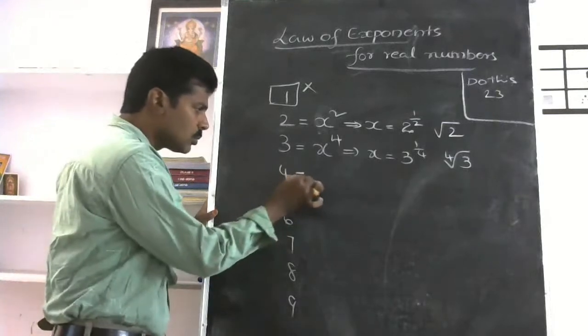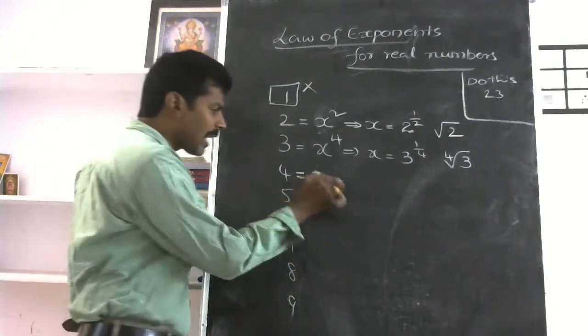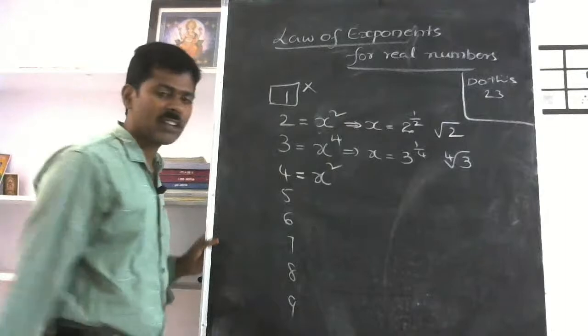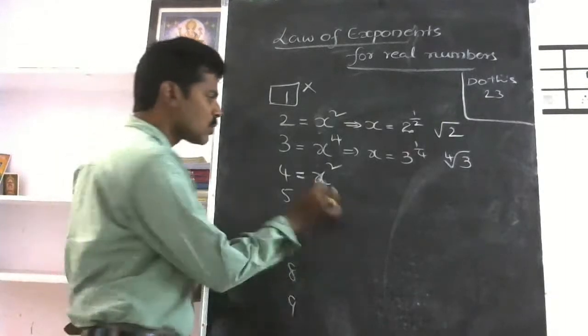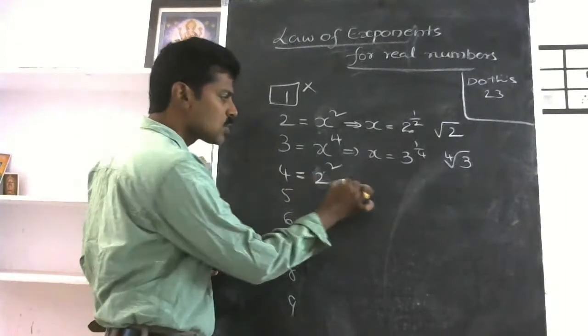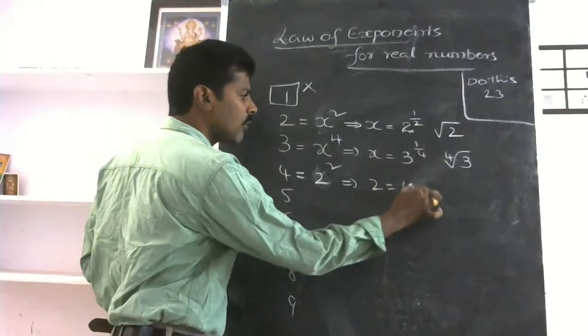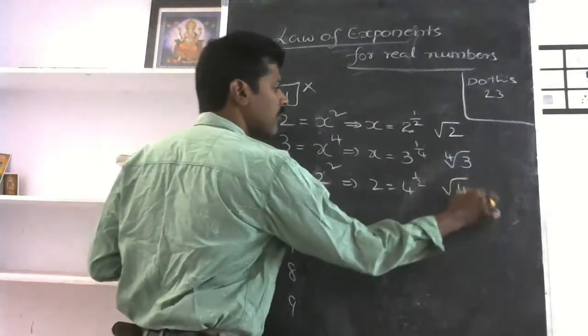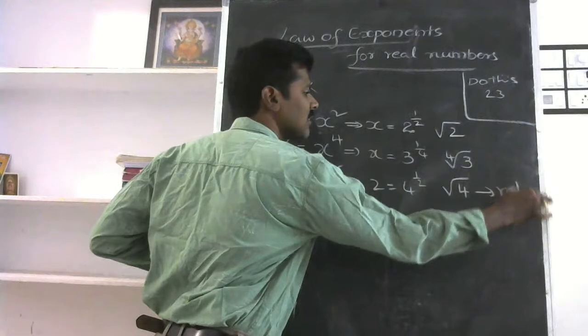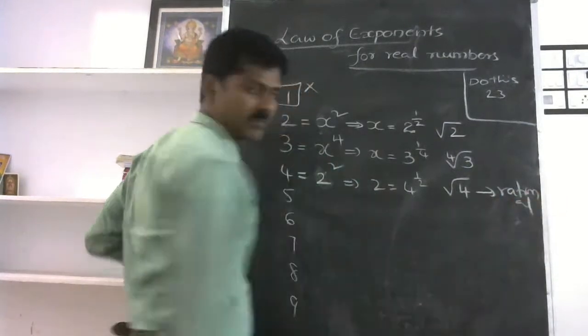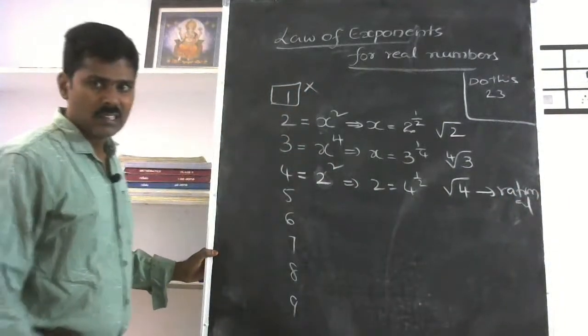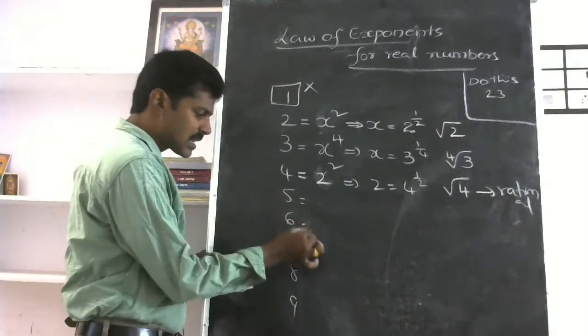But if I go with 4, 4 can be written as square of other rational number. So 2 is equal to 4 power 1 by 2, square root of 4. This is rational. If I go with 5, 6, 7, same.